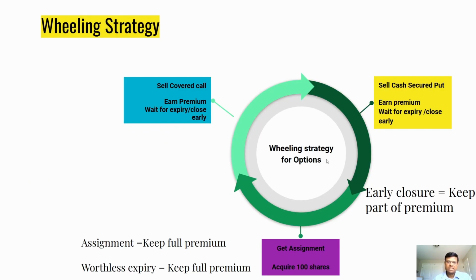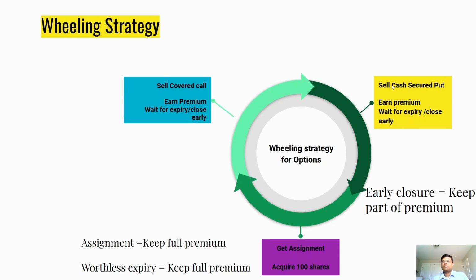Let's say you have $10,000 or $5,000 or even $1,000. You can start with as low as 500 to $1,000 because you need to own 100 shares of any particular stock. So you need to have at least 100 shares in your account, or a cash equivalent to those 100 shares, so that you can sell a cash secured put.